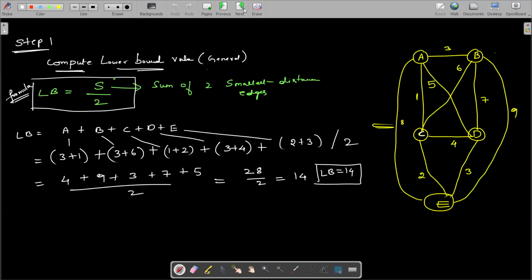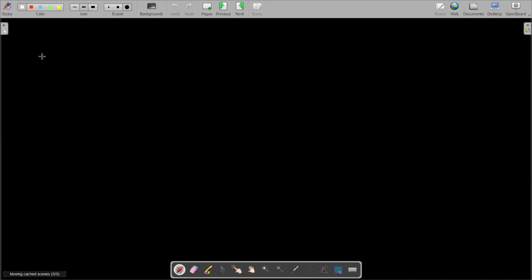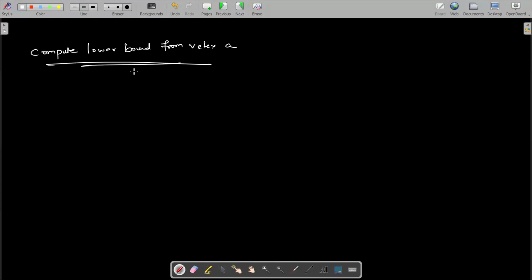So this is done. This is also done, and we will take one more page. Now here we are going to compute the lower bound from vertex A. So for A, we have to identify the lower bound.